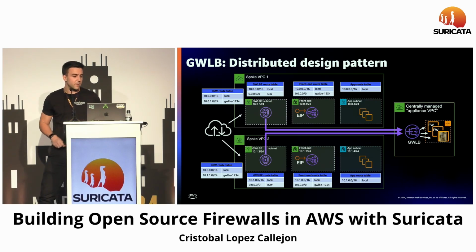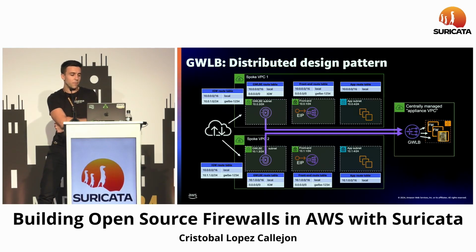After the traffic is inspected, it goes back from the appliances to the gateway load balancer endpoint, and here it will send the traffic, in this case, to the elastic IP, where it was heading initially, in a transparent way, and then the load balancer will route the traffic to the instances, and the path back will be similar.